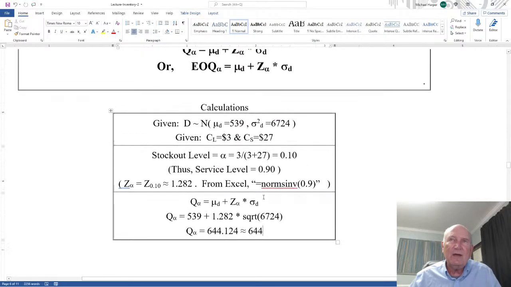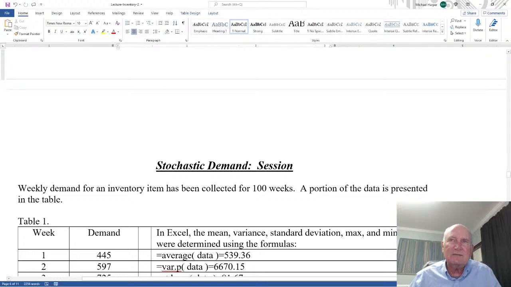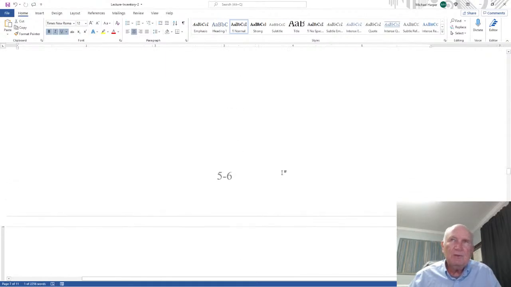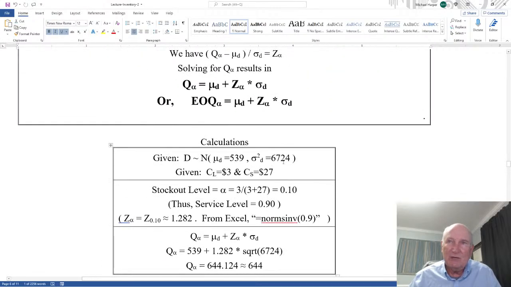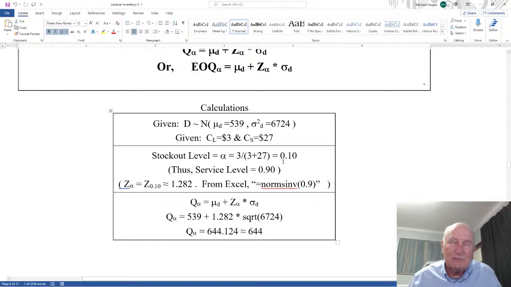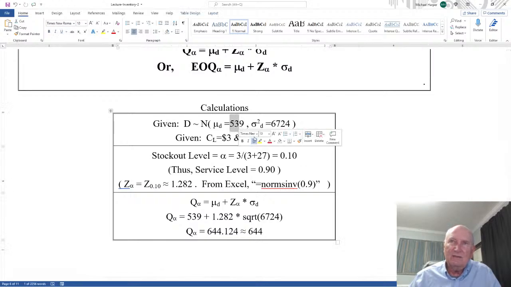Now notice how next is the stochastic demand session. I put this session in the lecture because you say, well, if I know what my mean is, if I know these numbers, I can calculate it. Well, the practical side of it then is, how do you get the numbers? How do you get the 539? How do you get the 67.24?